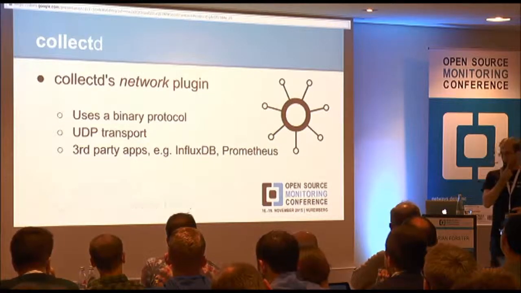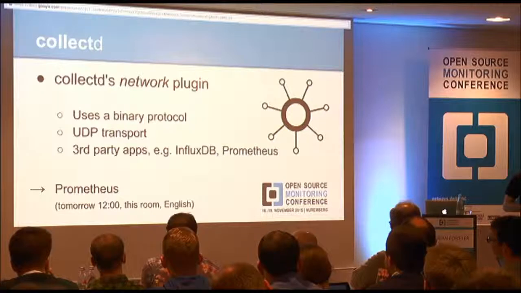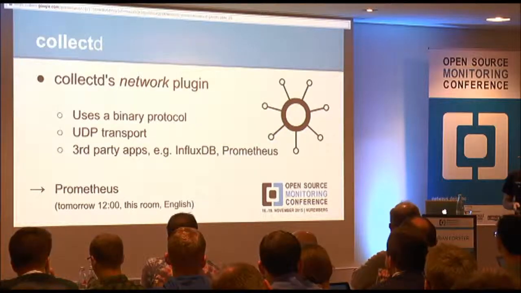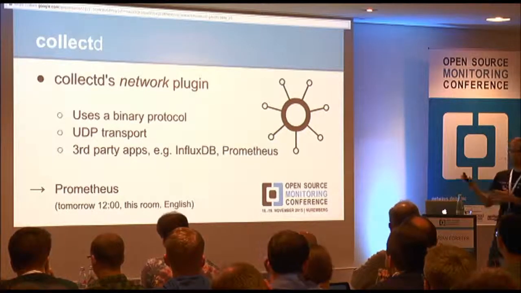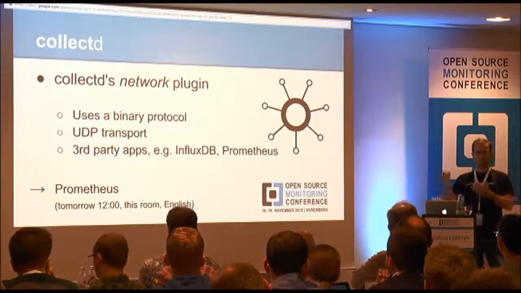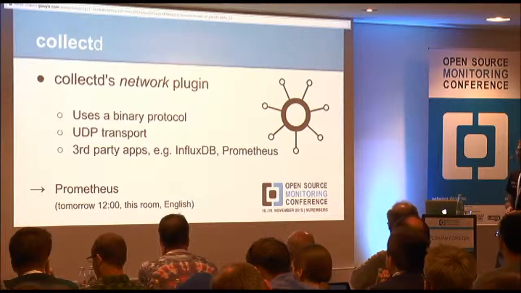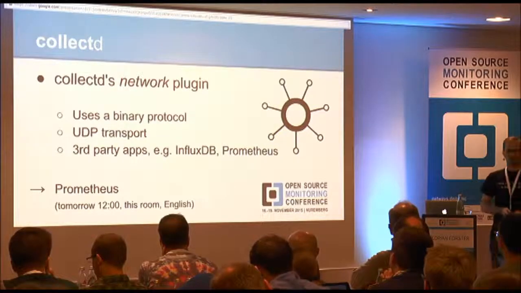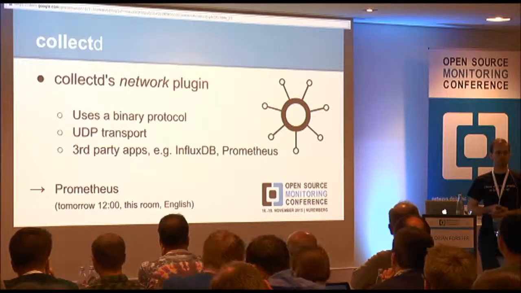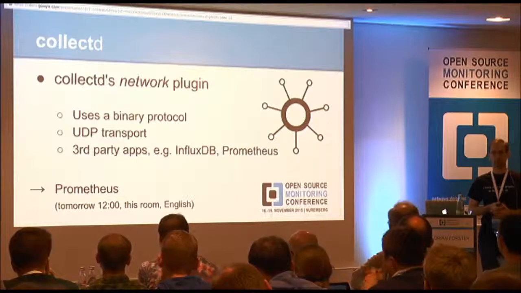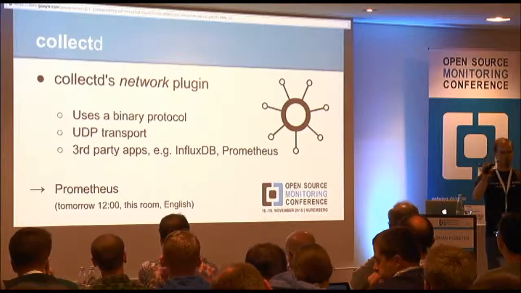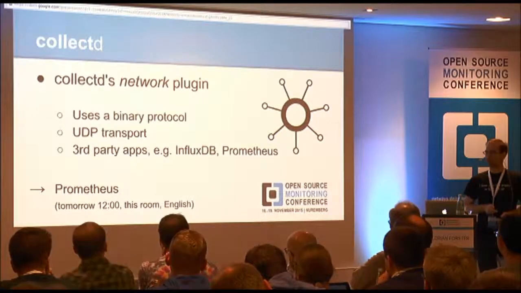And the other one would be Prometheus. There's a talk later tomorrow that will talk about Prometheus. So both of these can ingest this network protocol and do more stuff with it. And of course, Colleague D itself also can use the network plugin to read values to form arbitrarily complex hierarchies.